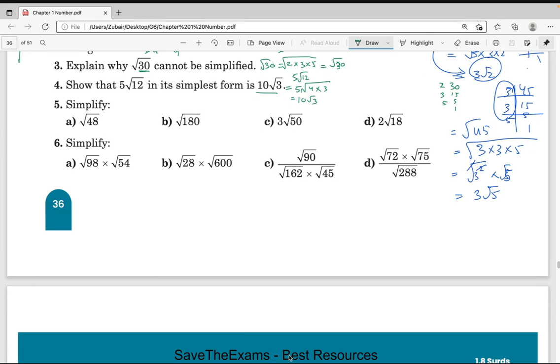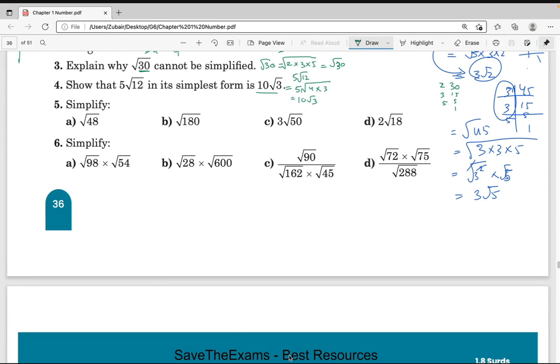48, so 48 over 2, 24, 2, 24, so 12, 2, 12 divided by 2 is equal to 6. So 3 times 6 is equal to, sir, 2 under root 6. No, no, just wait.